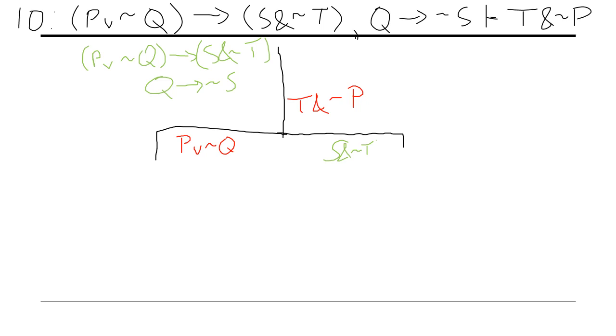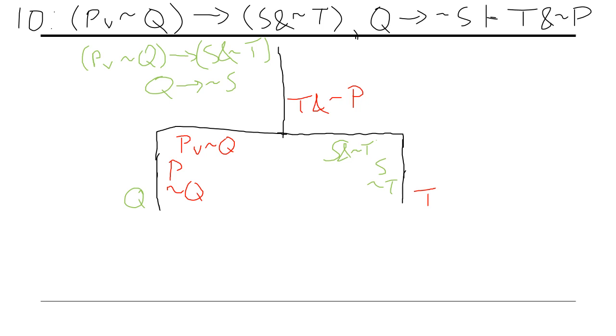What makes a wedge false, this P or Q, is if they are both false. And then we just have to flip this Q over, and we're done with that side. Let's look at this other side. We've got just S and not T. What makes those true is that they are both true. And then we just have to flip this T like that.